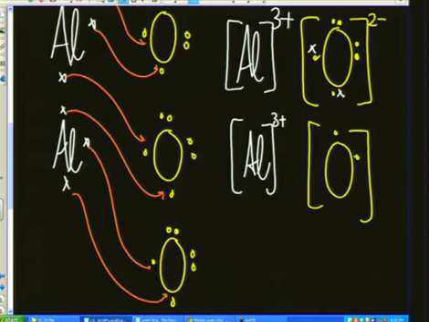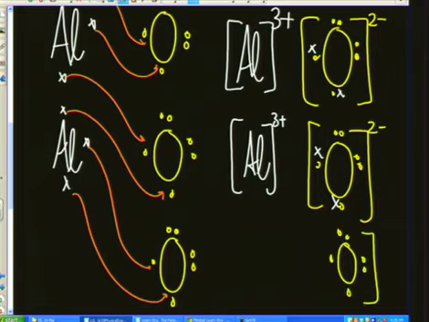Oxygen with its 6, and the extra 2, making it a 2- ion overall. And last one here, 1, 2, 3, 4, 5, 6 of its own, plus an extra 1, 2, is forming another 2- ion.